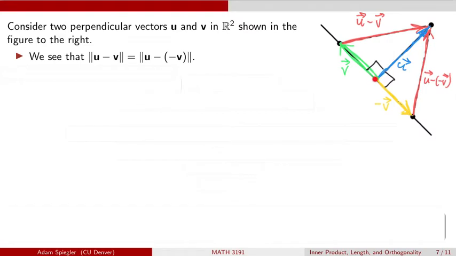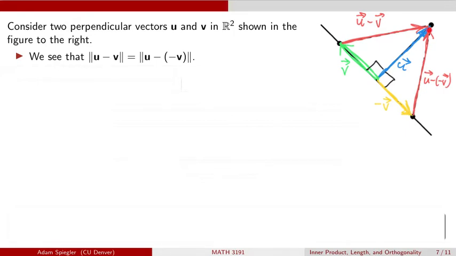If that is the case, then this vector in red over here, which we can think of as the distance between vector u and vector v, is equal to the vector u minus v. And if I similarly consider vector v, but I go the exact same distance in the opposite direction to get the vector minus v, well, u is also perpendicular to minus v.